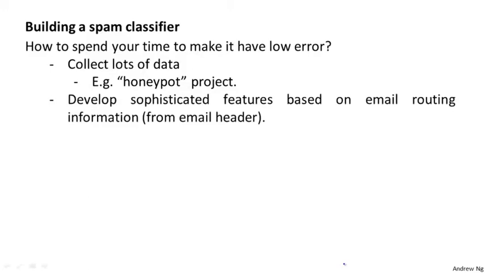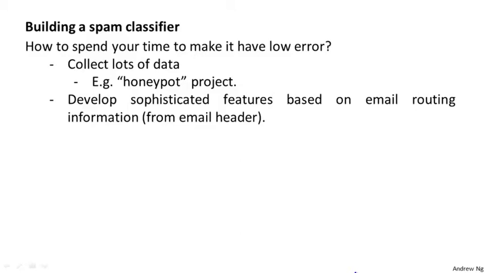But for most machine learning problems, there are a lot of other things you could usually imagine doing to improve performance. For spam, one thing you might think of is to develop more sophisticated features on the email, maybe based on the email routing information. And this would be information contained in the email header. So when spammers send email, very often they will try to obscure the origins of the email and maybe use fake email headers or send the email through very unusual sets of compute servers, through very unusual routes in order to get the spam to you.